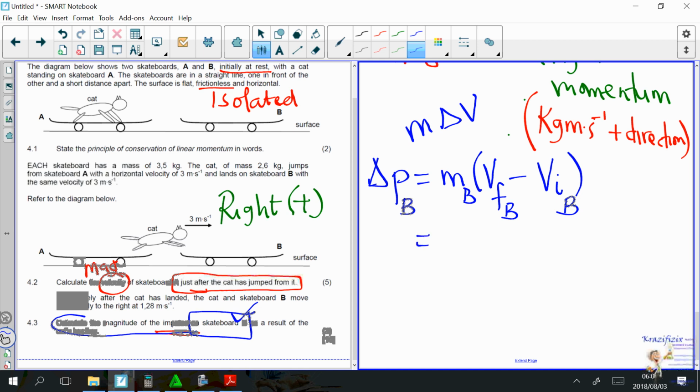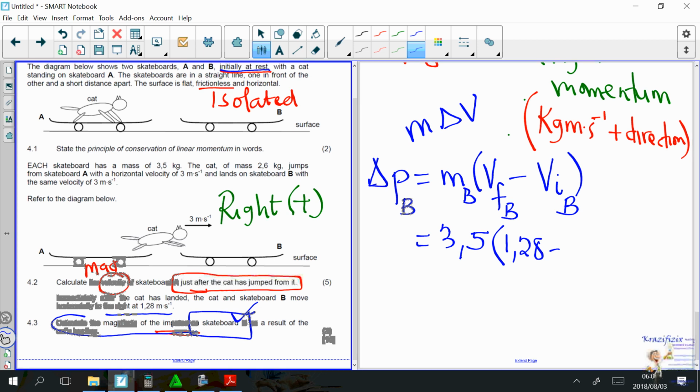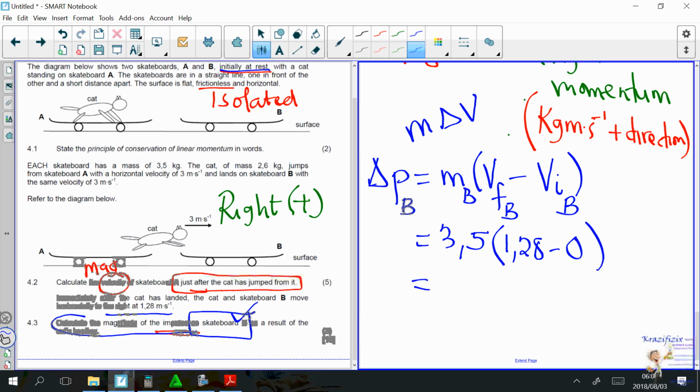Now, what is the mass of my skateboard? It is 3,5. Now, what is the final velocity? Remember, we were told the skateboard now moves 1,28 to the right. What's the initial velocity of the skateboard? Both skateboards are initially at rest, so it's 0 there. Now, if you multiply, what's my answer going to be? Let's check our calculator.